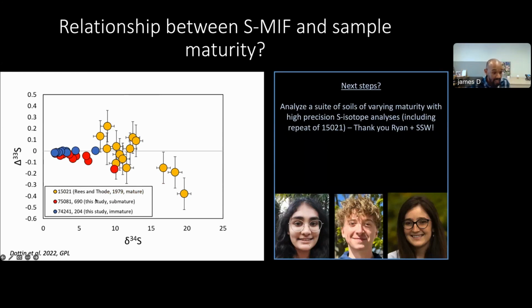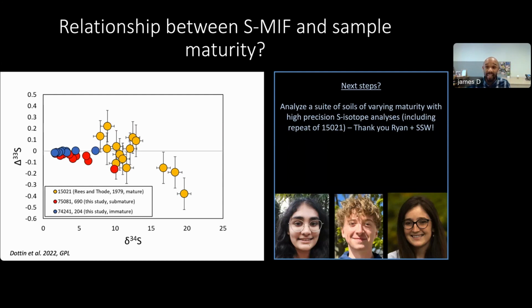If we look at the original measurements by Rees and Thode in 1979, we see that potentially there is some sort of relationship between the immature 74241, submature 75081, and as you go to the mature, the δ34S is increasing, and it appears that maybe the Δ33S is more heterogeneous.